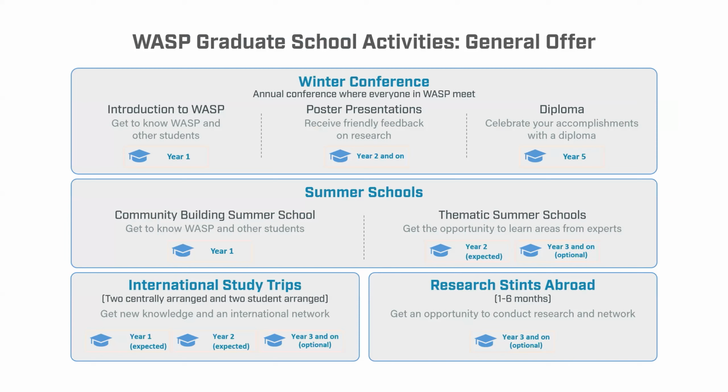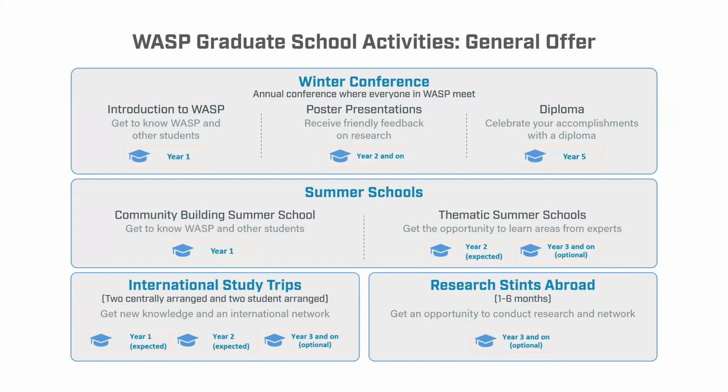So the graduate school activities are basically, of course, courses, but there are also other activities which I will present here. One important activity is the winter conference, and this is an annual conference where everyone in WASP meets. The first year, this will be an introduction to WASP, where the students get to know WASP and other students, but also the supervisors are invited to get to know WASP and other supervisors.